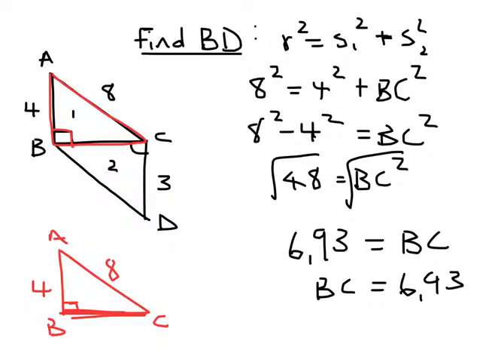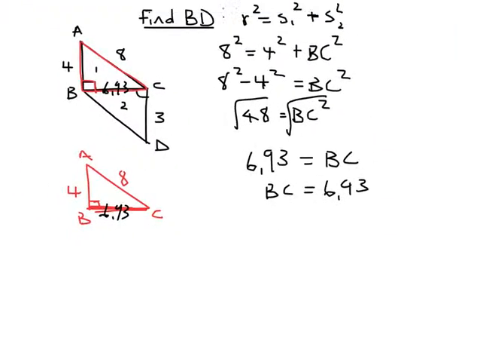Okay, so now I know what that side is. It is 6.93. Now that I've got that side, I can use it in order to find BD. BD, remember, is the hypotenuse side.